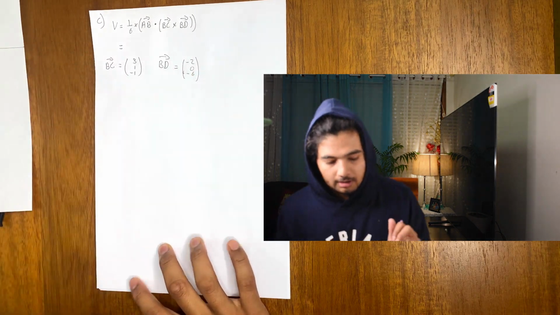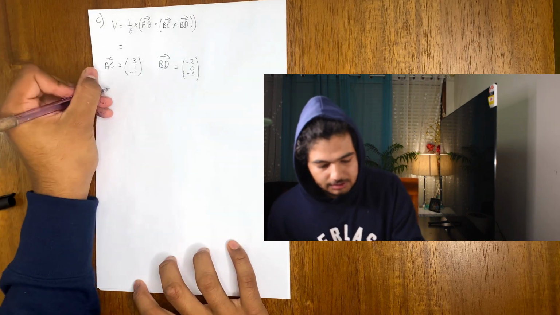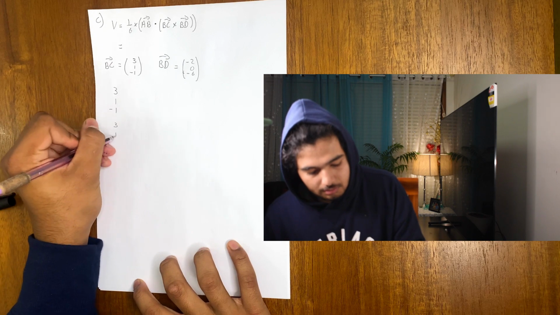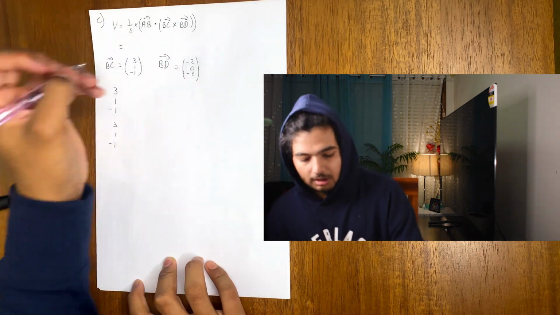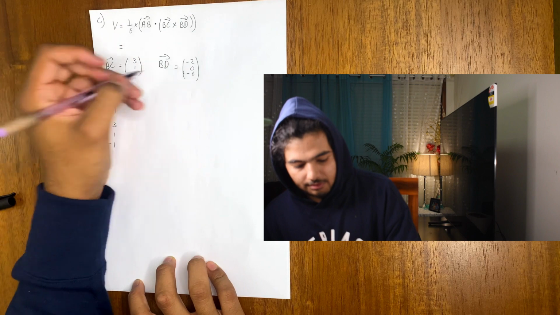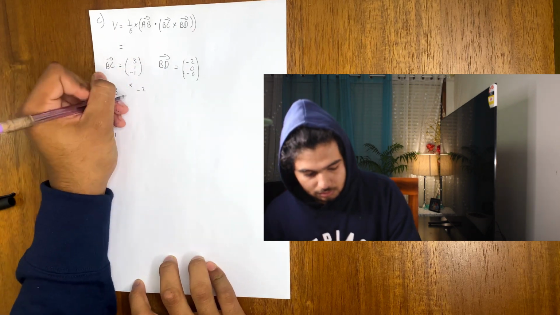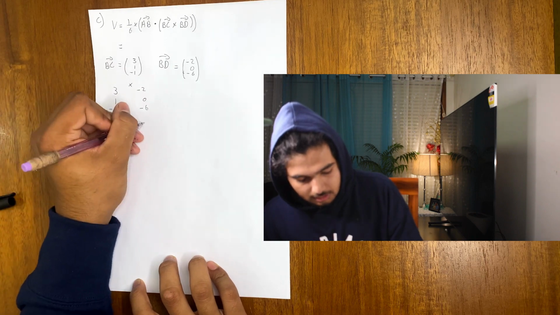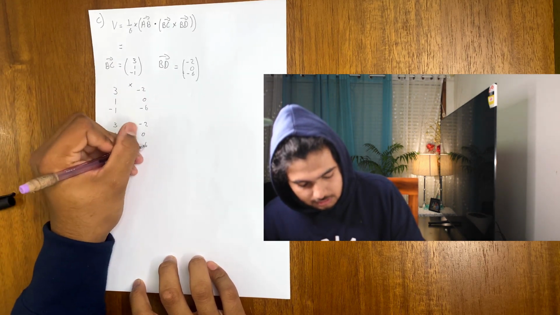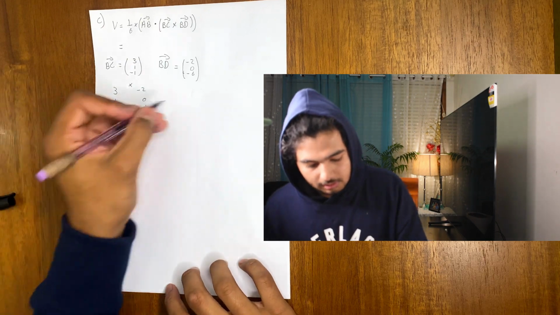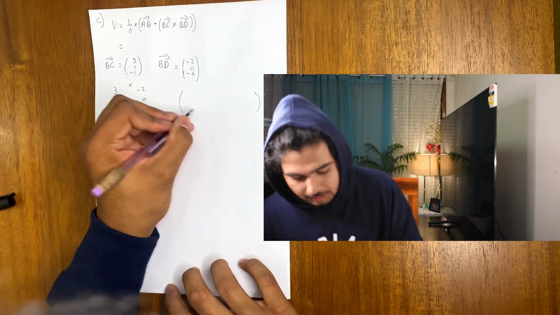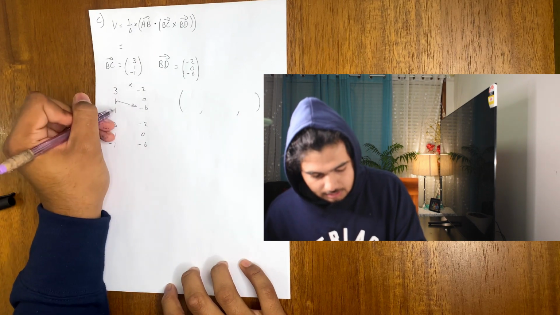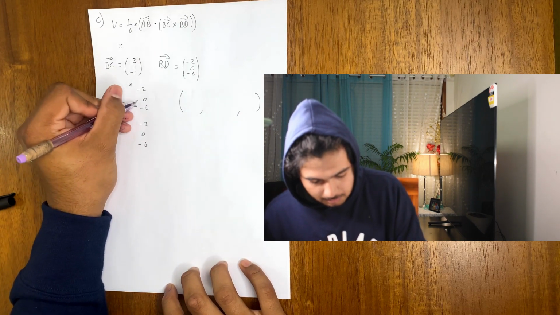With the shortcut that I went through in one of my videos, we write 3, 1, negative 1, 3, 1, negative 1, and over here negative 2, 0, negative 6, negative 2, 0, negative 6. 1 multiplied by negative 6 plus negative 1 multiplied by 0.